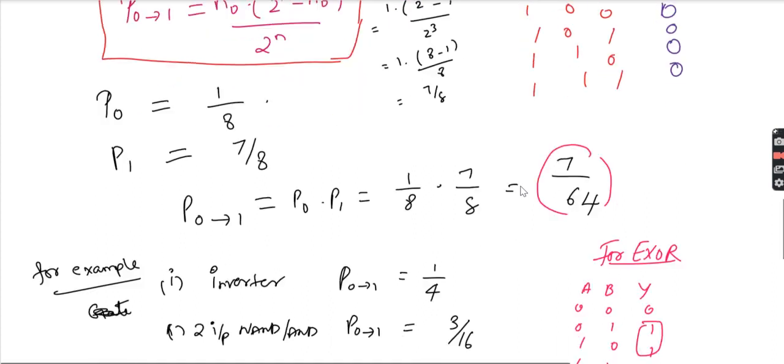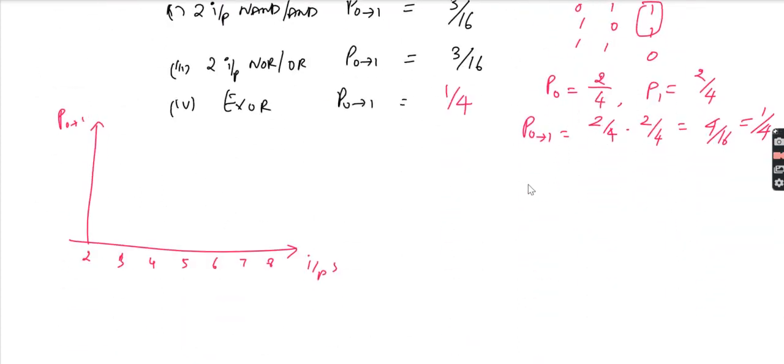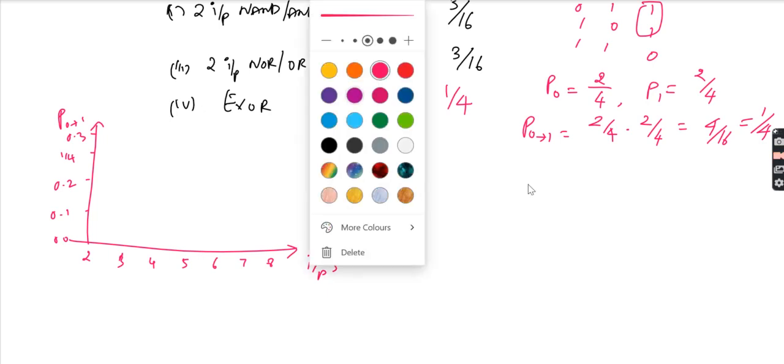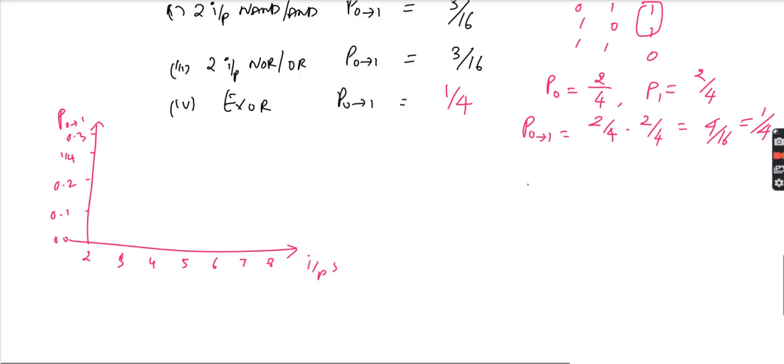So from that I can say how we get the curve. On the y-axis this will be 0.0, this will be 0.1, this will be 0.2, this will be 1 by 4, and this will be 0.3. This 1 by 4 is what we got for the XOR gate.